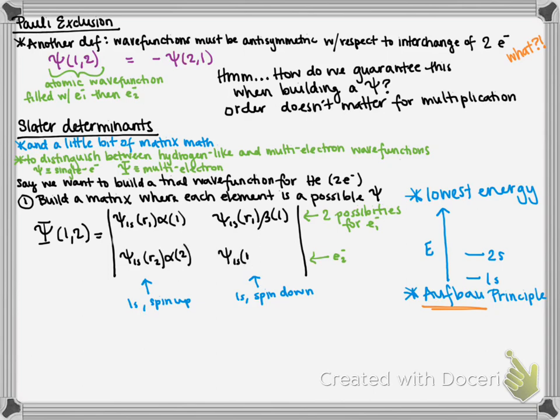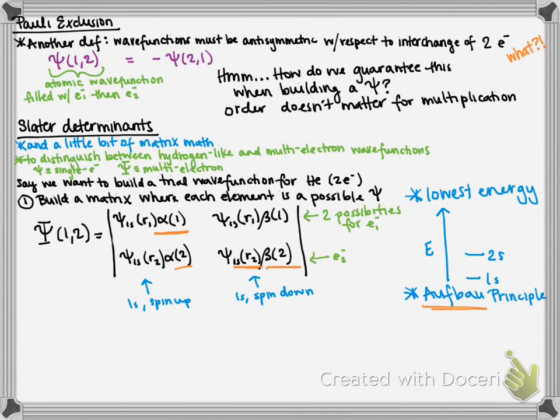So we'll fill these in as 1s R2 alpha 2, because alpha 1, alpha 2 is just changing the electron, but it's still 1s spin up. Either electron can occupy that spot, just not both of them at the same time. And then over here we have 1s R2 beta 2, so electron 2 spin down in the 1s orbital.